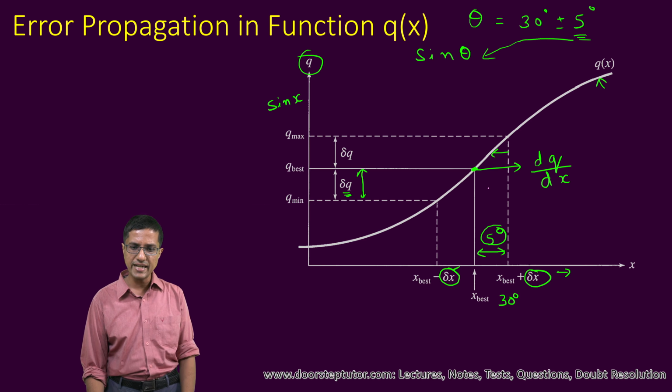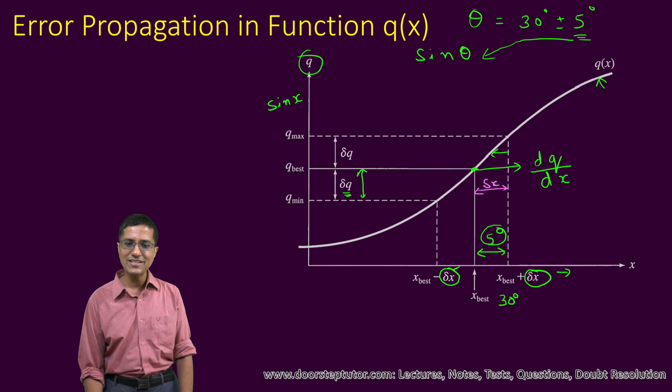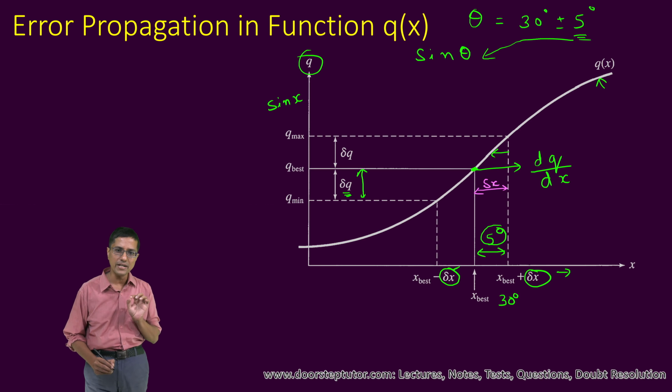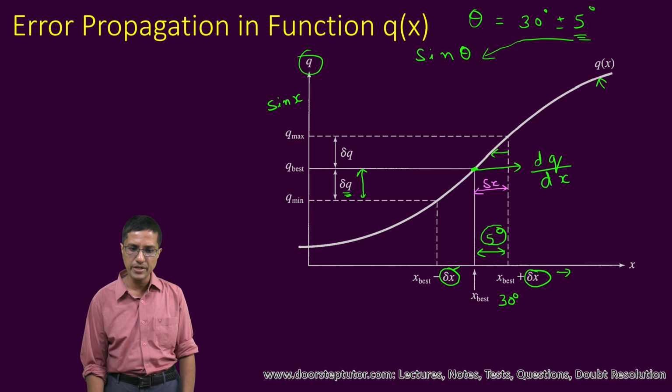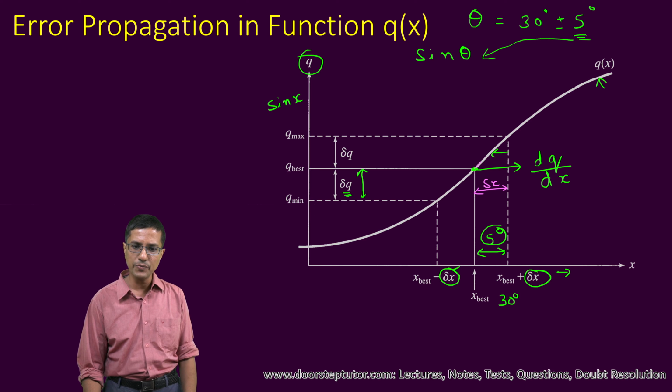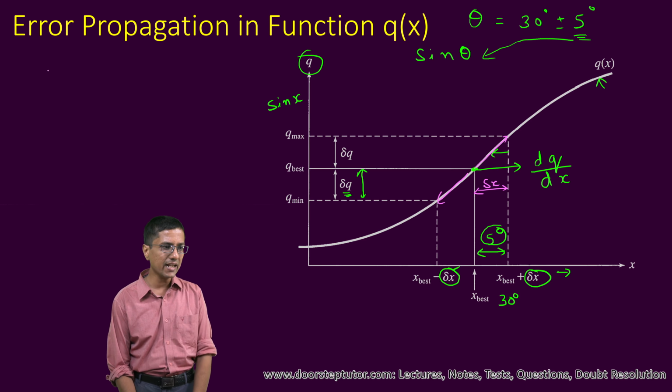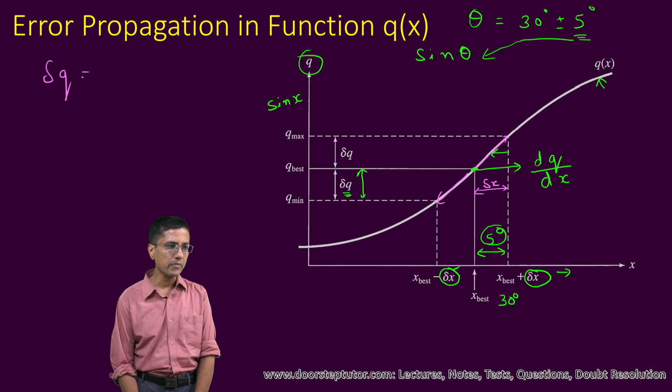Now, since this delta x is very small, this error hopefully is very small when compared to my value of x, it means that I can assume that the slope would remain constant all throughout. Therefore, I can compute this delta q to be just this slope dq by dx, which tells me the rate of change of q with respect to x.